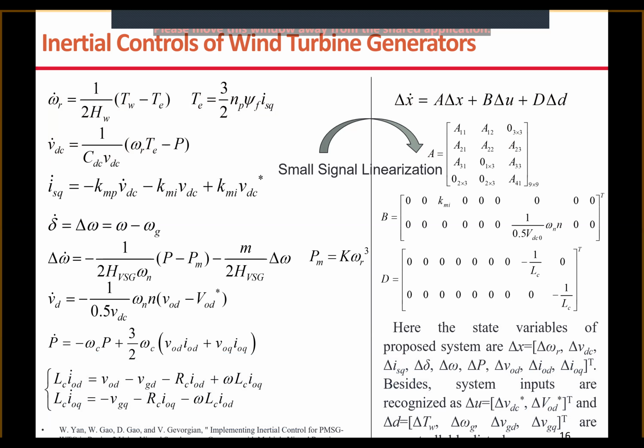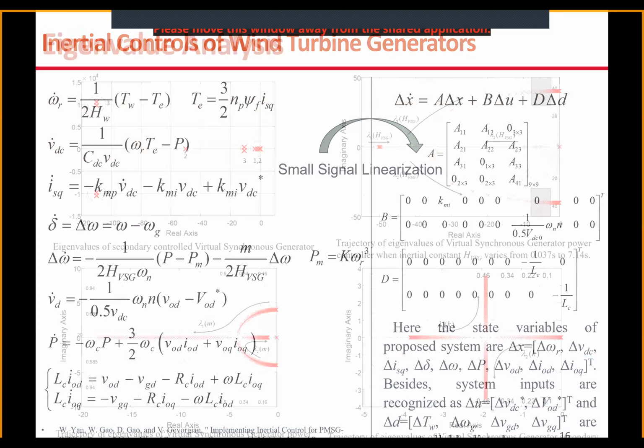And then we can do small signal linearization on the original nonlinear model. And then we get the system model. We have the system matrix, and then we can do eigenvalue analysis.